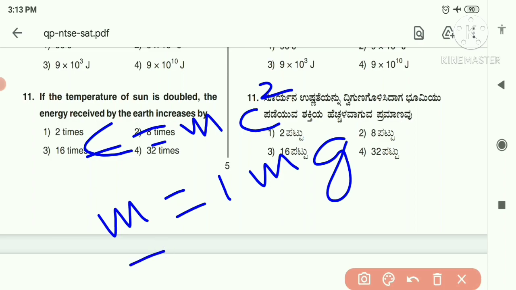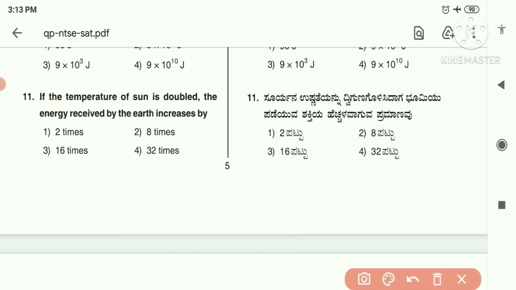Let's write this: 1 into 10 raised to minus 6, so it is in grams. Now it is converted into grams. Next, write the formula: mc squared, where m is 1 into 10 raised to minus 6, c squared.